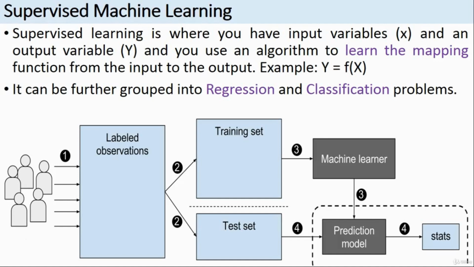So we try to teach the machine and we provide a set of the data which has already happened in the past. It is like y equal to f(x), and y is the outcome.